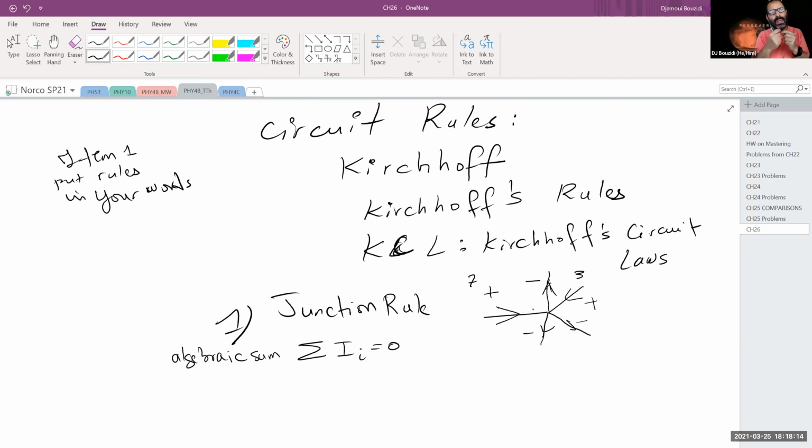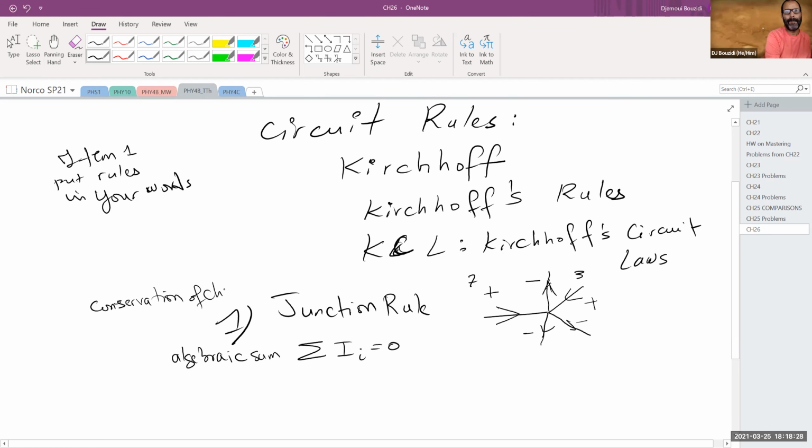They cannot accumulate in a given point. Why? Because of the conservation of charge. So this is really the conservation of charge law. So that's why this rule works.